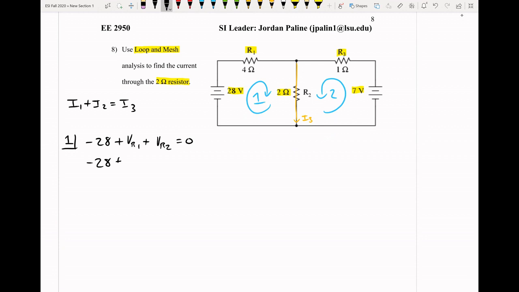Now if I come in here and replace V's with IR, I'll say I1 R1 plus R2. I have I1. Actually, we can do I3, right, I3, because we're assuming I3 is going that way, and that'll be equal to 0.